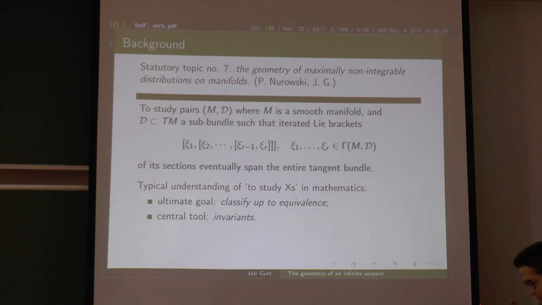there is this celebrated theorem of Chow and Rashevsky, which tells you that this condition means that you can get from any one point of M to any other point of M along a curve which is always tangent to this distribution. So even though this distribution could have very small rank, you are able to connect any 2 points by a curve always tangent to this distribution.